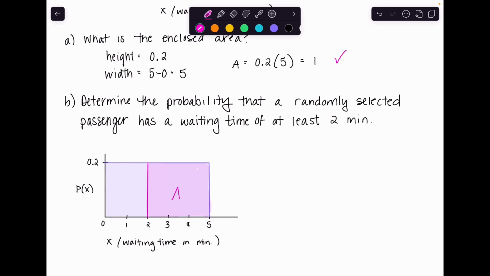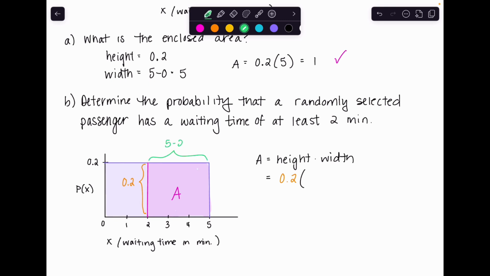So I need to know what the area A is. In that case, I still do the same thing. I need to do the height times the width, because it's a rectangle. The height is still the same as the last example. It's 0.2. And then my width, if I'm going from 2 to 5, this distance is going to be 3.